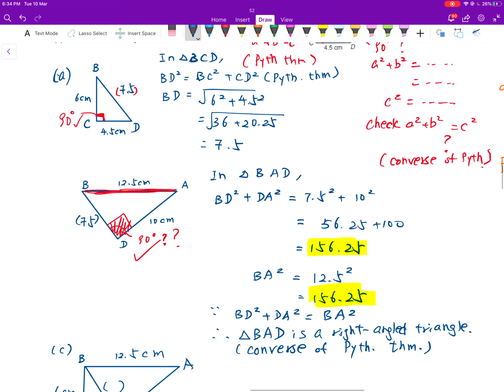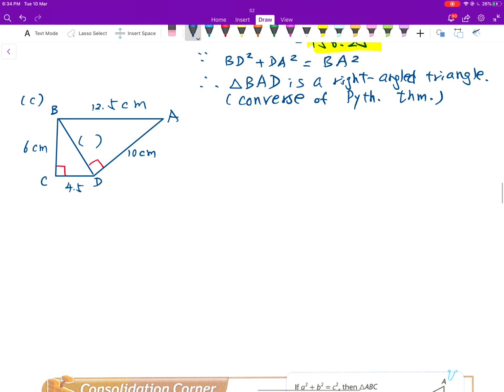Okay, for part B. In part A, we have also proved angle BDA is 90 degrees, and we have also found the length of BD is 7.5.